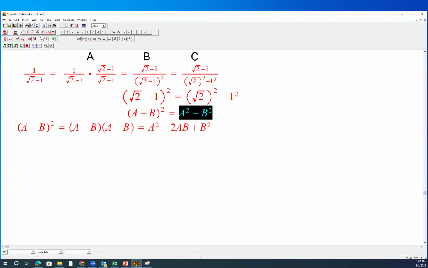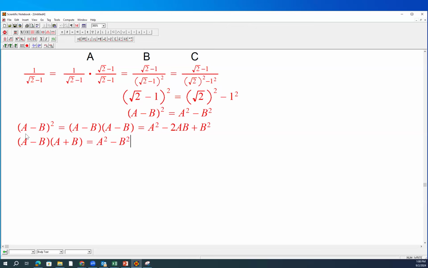And the latter, a squared minus b squared, its factored form is a minus b times a plus b. You can see obviously they're not the same.